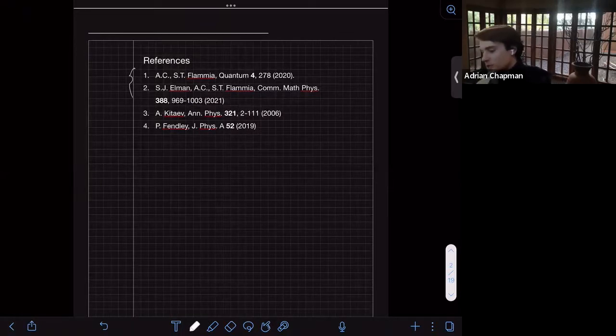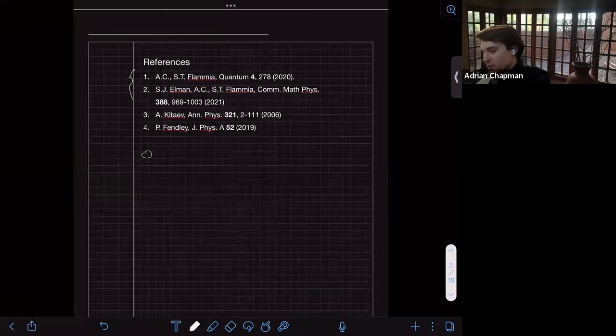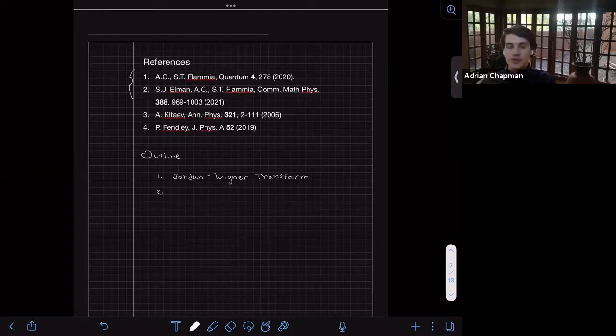And so as a more rigorous outline for what I plan to be speaking about: I'll talk about the Jordan-Wigner transformation, just to give an introduction, and what a Free-Fermion model is, giving some background on what I consider the setting for Free-Fermion models in this work.